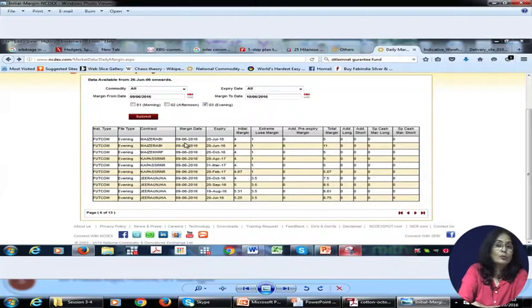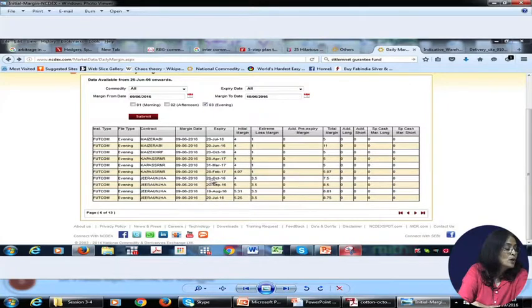I collected it from the 9th June 2016. On 9th June 2016, the 20th July contract had 4% margin. Similarly, maize Rabi has 4%, maize Kharif has 4%, Kapas has 4%, but interestingly, take Jeera Unjha, that is the Jeera to be delivered at the Unjha market.